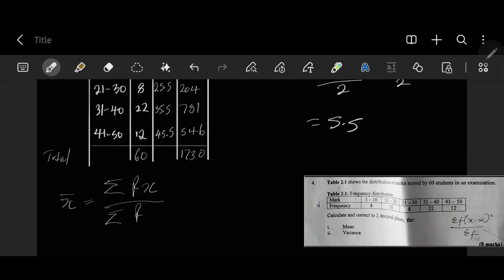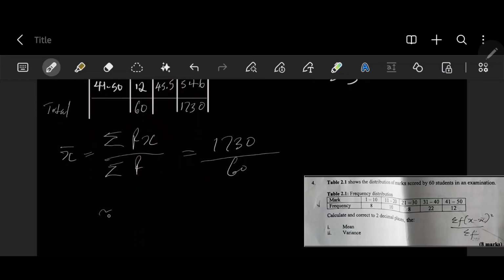So the mean is equal to 1730 over 60, which is going to give us approximately 28.83. That means the 83 is repeated, so we're just going to take 28.83. Okay, so this is our mean.